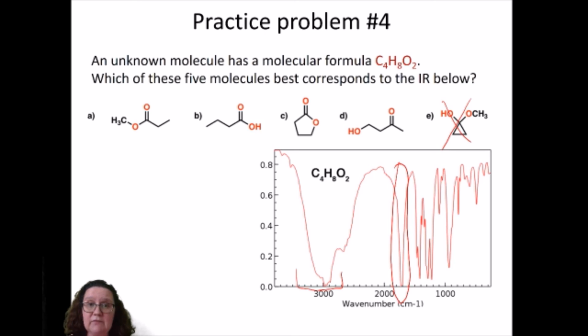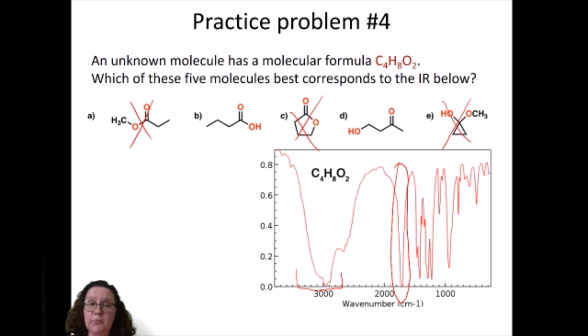The fact that I have a hydroxyl band allows me to immediately discard A and C, because they don't have a hydroxyl group, so they are not going to have a hydroxyl stretch band. So my only options are B, which is a carboxylic acid, butanoic acid, and D, which is a hydroxyl combined with a ketone. So it's a compound that has a hydroxyl group and a carbonyl group.